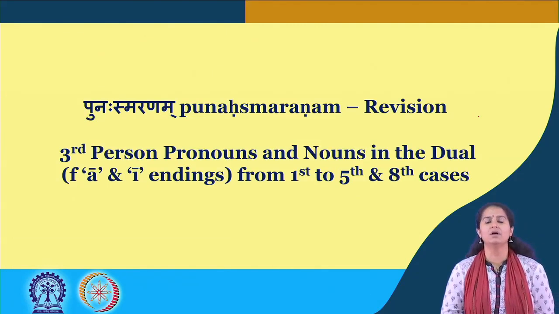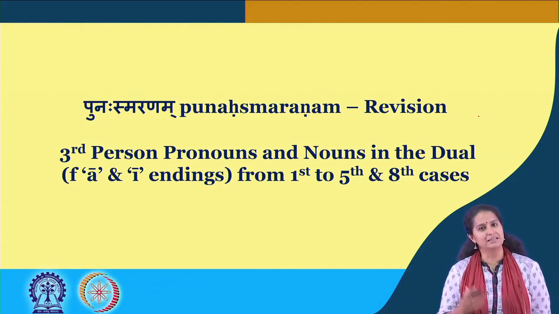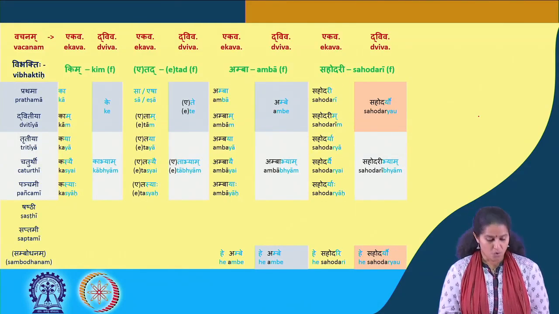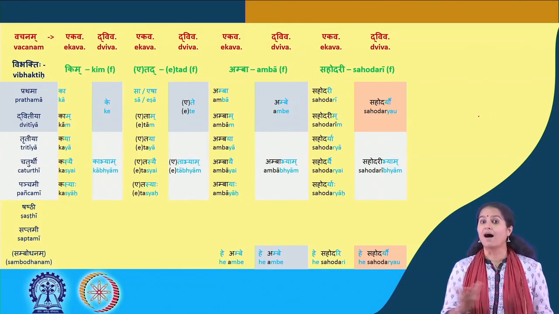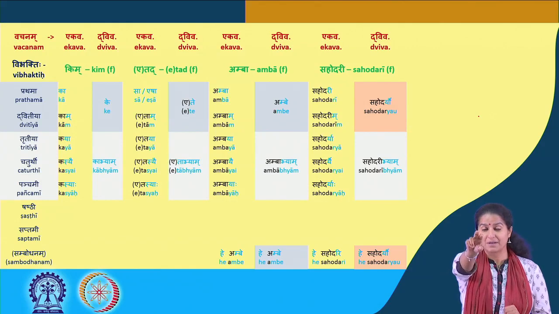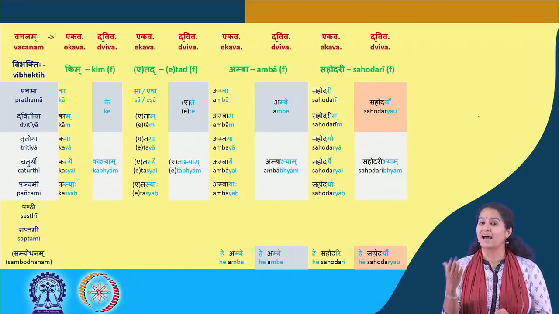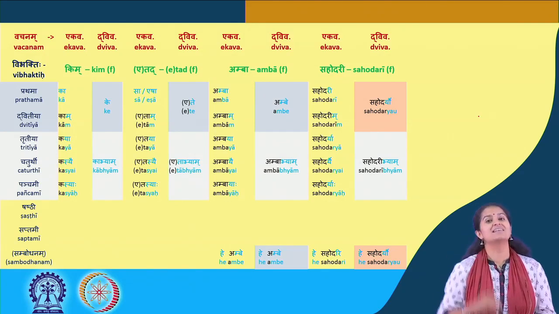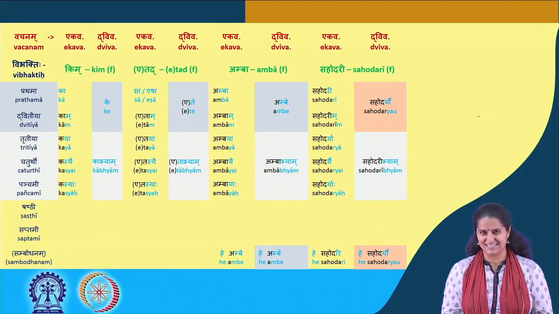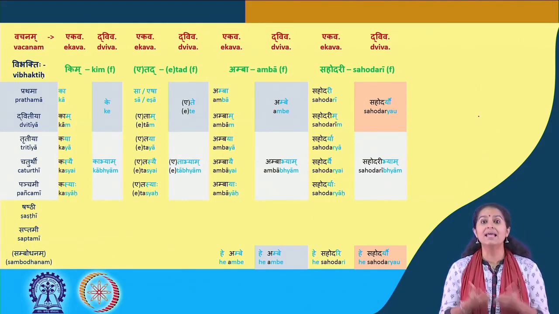Here we'll do a revision of the table in the feminine. So what do we have here? Ka asti. Answer, that lady, that mother. So sa amba asti. And if we wanted to say that sister, sa sahodari asti. Uttamam. Now in the dual, ke.